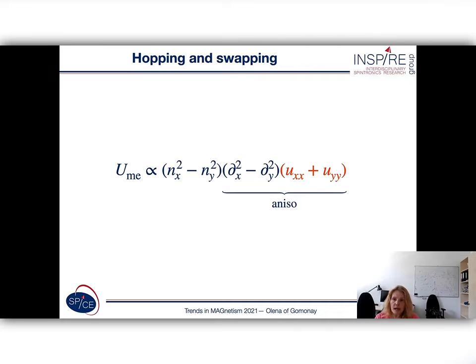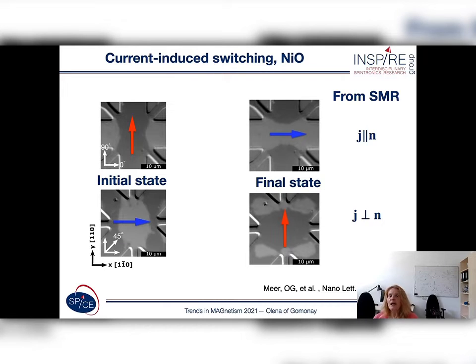Such effects can appear due to the current-induced switching in antiferromagnets. In Mainz, we studied switching in nickel oxide, and we found that the current-induced switching cannot be explained by the spin-orbit torques only. So we suggested a thermomagnetoelastic explanation for this effect, and this effect is a good illustration of how the strain gradients come into play.